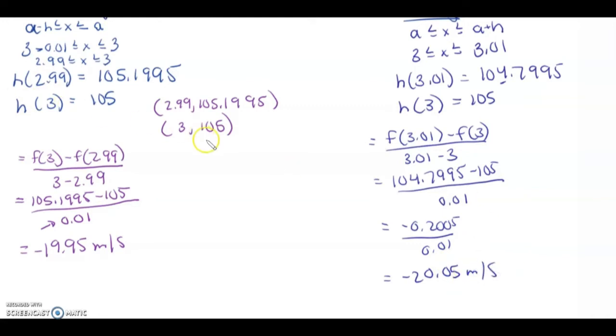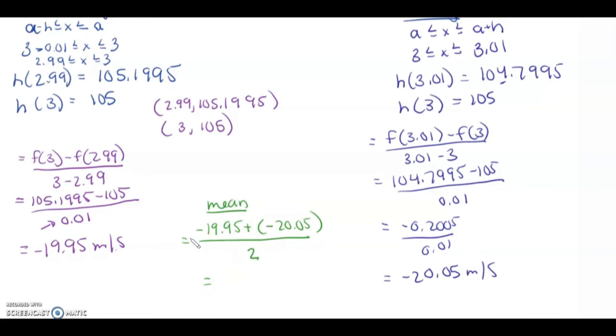Now, if we want to find the actual mean, what we're going to do is average these two out. So I get negative 19.95 plus negative 20.05 divided by 2.